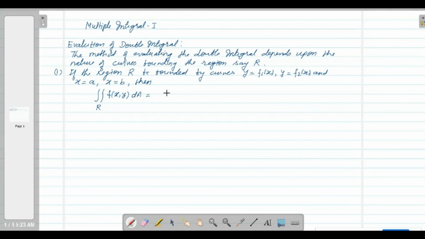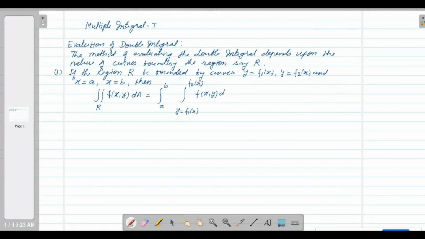So see here, what do I have to do? We will evaluate over the limit a to b, then the integration of y from y equal to f1(x) to f2(x), and here the function is f of x comma y.